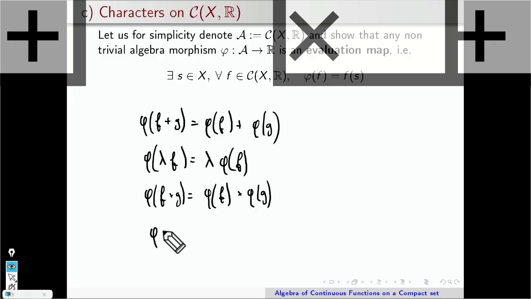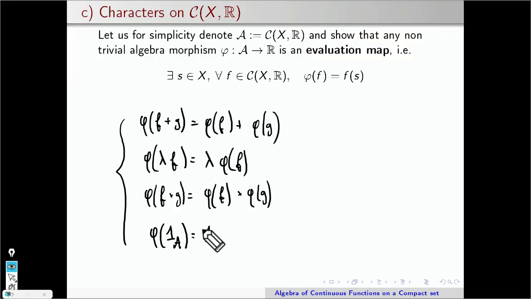I just wanted to add that in the context of unital algebra, it maps the function that is 1 everywhere, the constant function at 1, which is the unit of the algebra. So algebra, a function I denoted A, it maps it to the unit. So as a linear map, an algebra morphism is a linear map plus something.